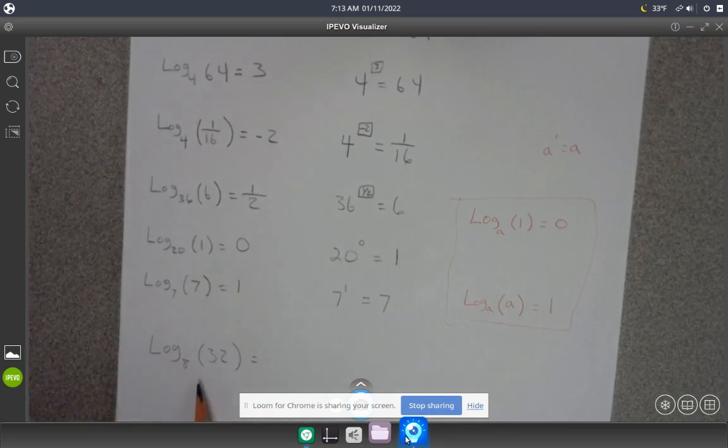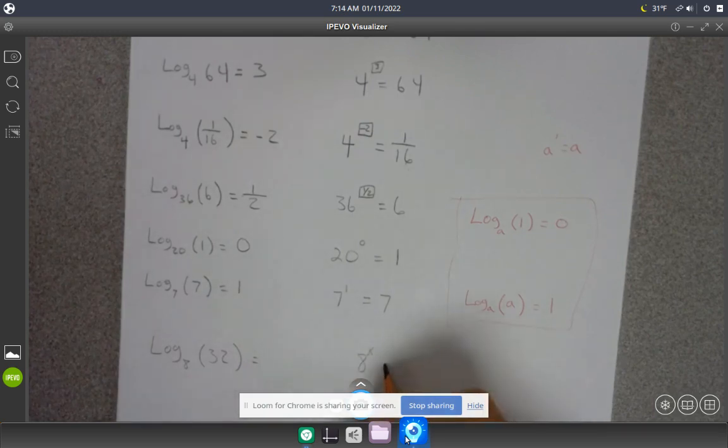If I translate this to an exponential, it would be 8 to some power. What do I have to raise the number 8 to get 32 as an answer? This one isn't going to be so cut and dry. I know it's got to be bigger than 1 but less than 2, because 8 to the first power is 8, and 8 to the second power is 64. So it's somewhere in between there.